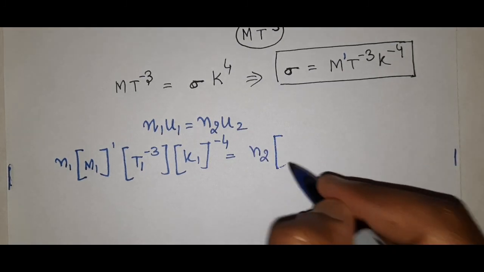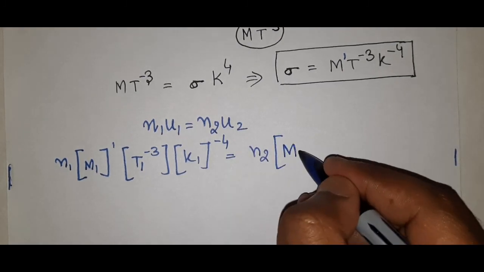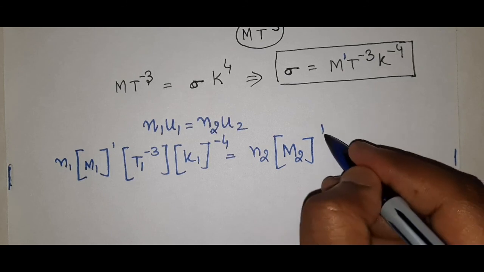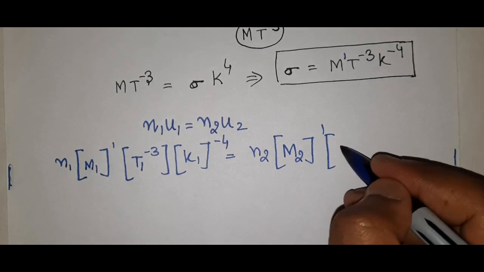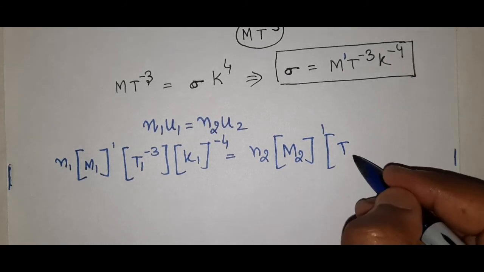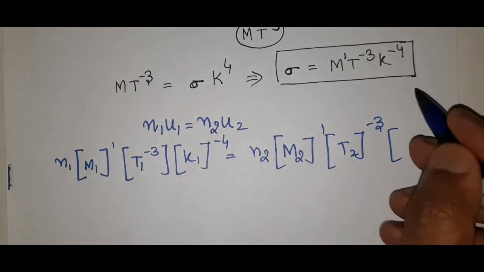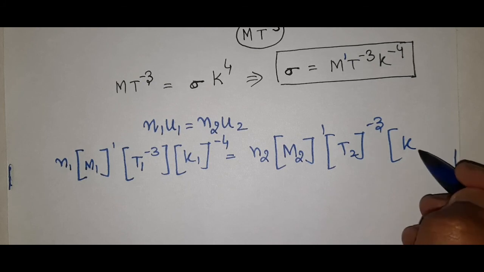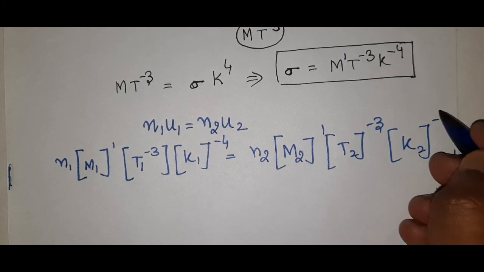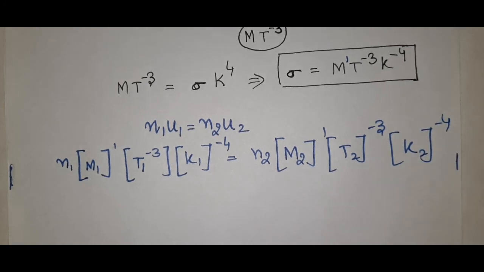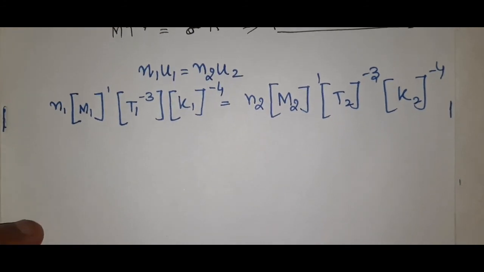Now mass in the second system is M2 raised to 1. Then time in the second system raised to minus 3, and temperature, that is Kelvin, in the second system raised to minus 4.